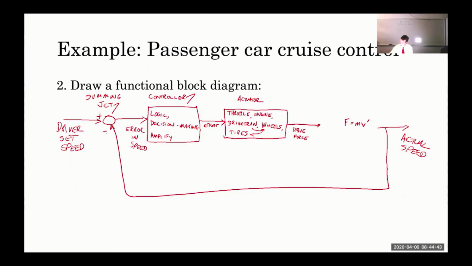And we can just note here that velocity we're going to treat as the integral of acceleration. Okay. So this is what I would call the process. So we've got the controller, we've got the actuator, we've got the process, or the thing that we are trying to control, the process that we need to modify in order to achieve our specifications.